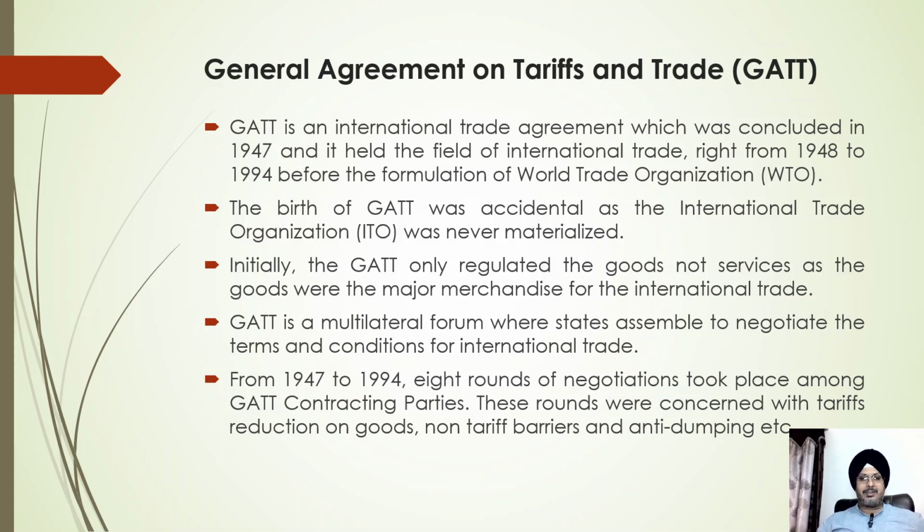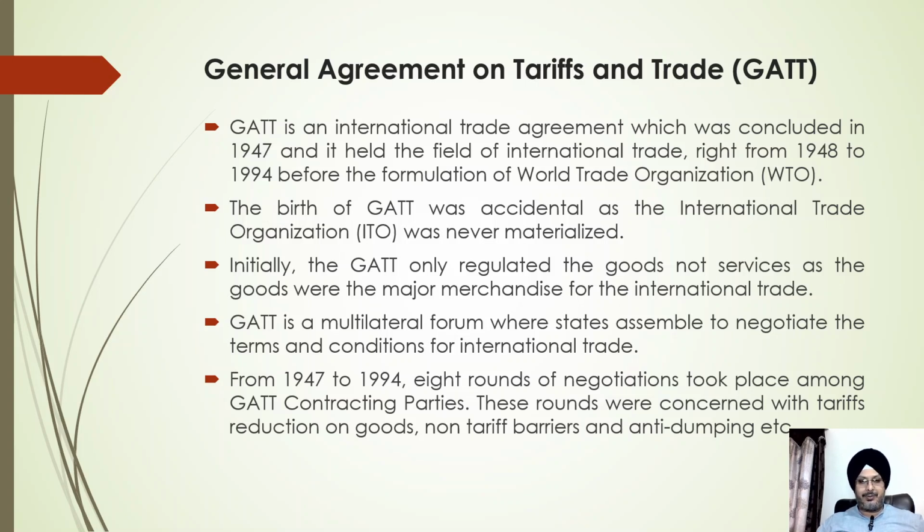But ITO was not materialized, and the reason behind it is that the United States did not approve the ITO. Therefore, a temporary arrangement was made, and that temporary arrangement was the GATT, General Agreement on Tariffs and Trade, which will regulate the international trade temporarily.